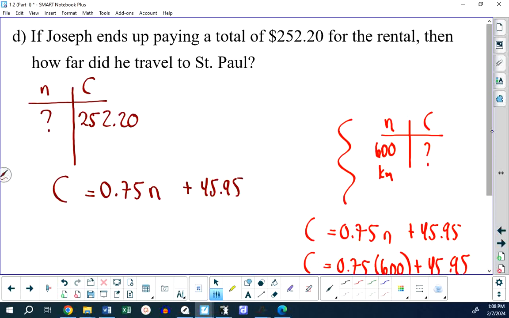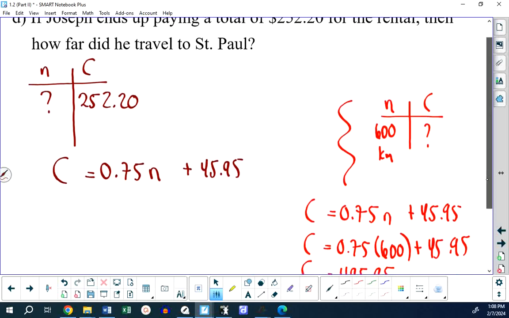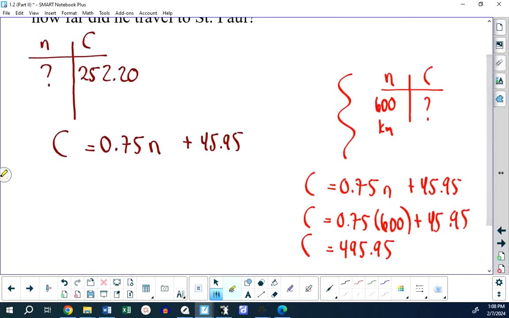And when we did this question off on the side, everybody, what I did was I put in for n 600 because that was n. Here, what I'm going to do is put this in for the cost because it's the cost.